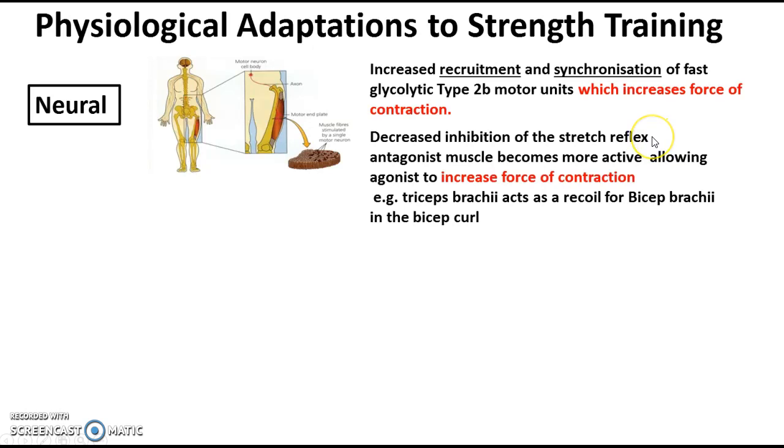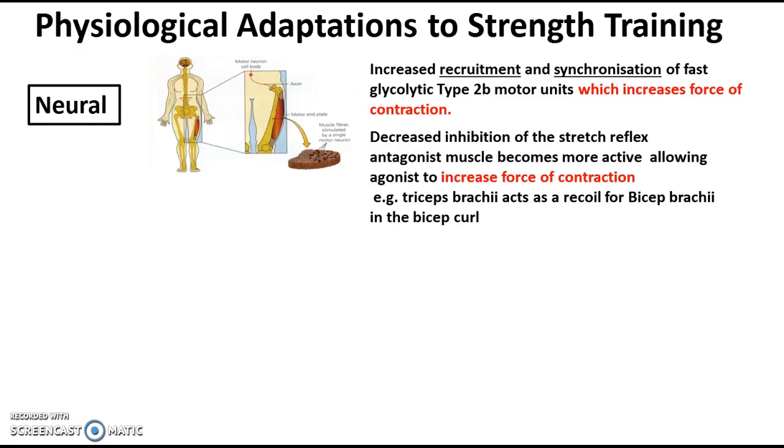Putting that into terminology from earlier in the course, the antagonist muscle becomes more active and starts to stretch before allowing the agonist to contract with more force. What does that mean? Watch someone in the gym for the first time try a bicep curl and they're swinging back and forth.